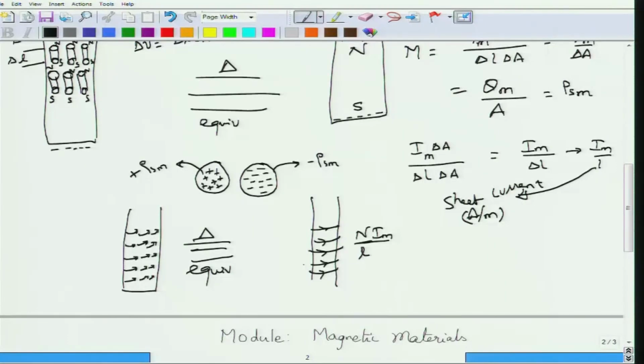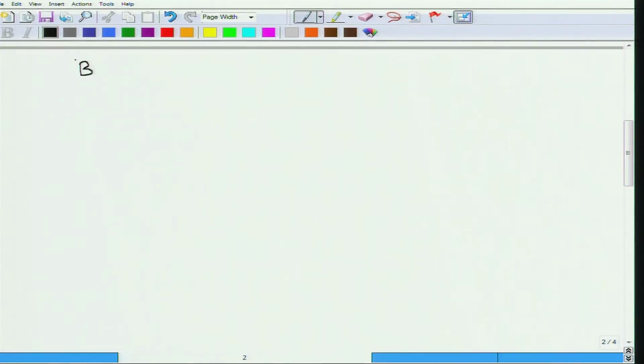Okay. We will now look at the relationship between B, mu, H and M. We have previously introduced you to two fields, B and H. We did not really say anything about the relationship between the fields B and H. We just said that, well, in free space it so happens that B is equal to mu naught into H. Okay.